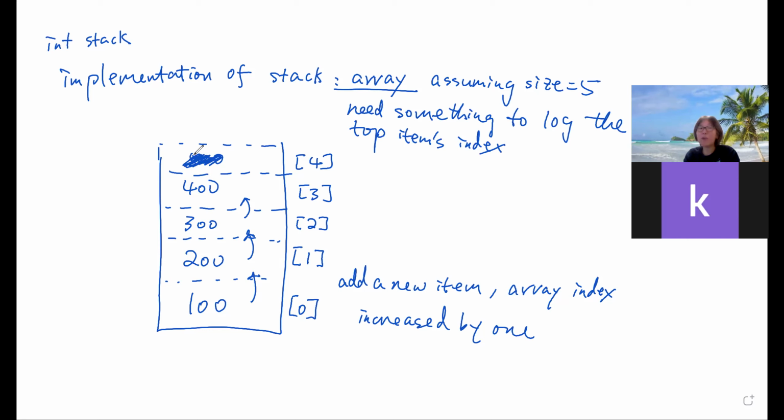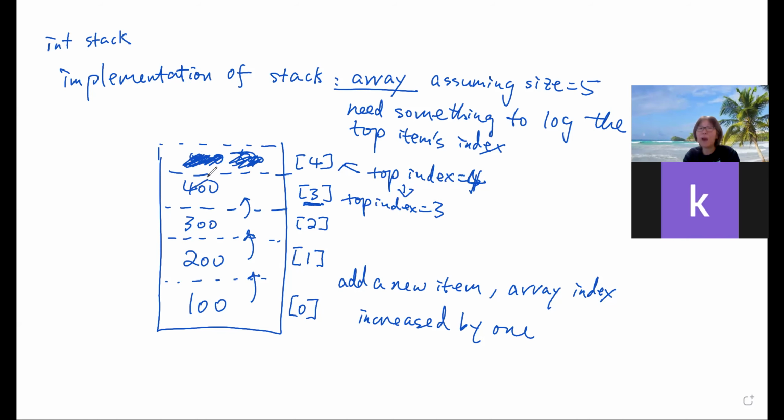Previously, when 500 is there, the top index is 4. Then we remove, and the top index changes to 3.